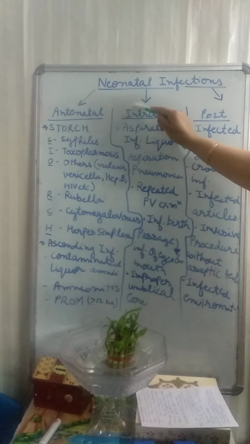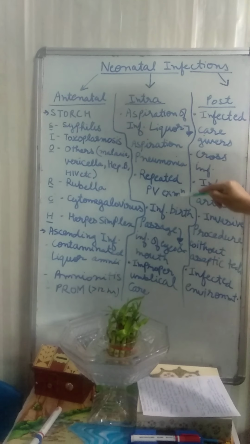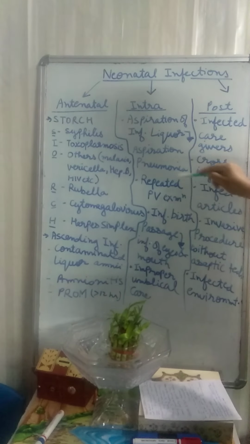During delivery, repeated pervaginal examination may be a cause of infection to the mother and infection to the birth canal. Then infected birth passage. If the birth passage is infected, this may lead to infection of the eyes and mouth of the baby. Then improper umbilical care.